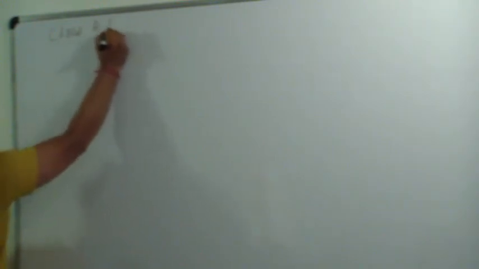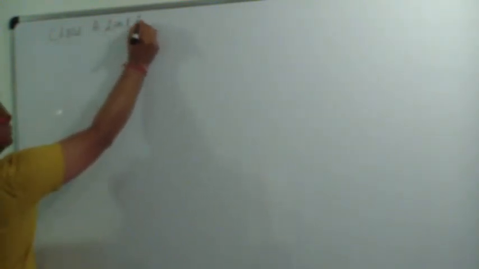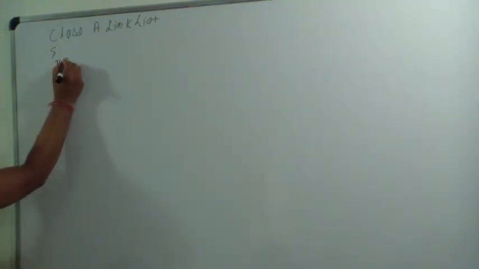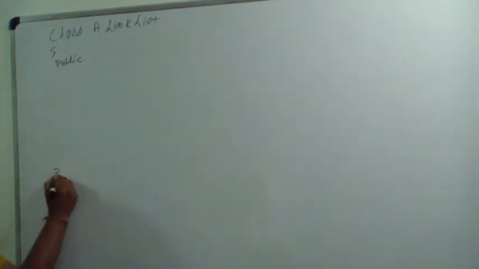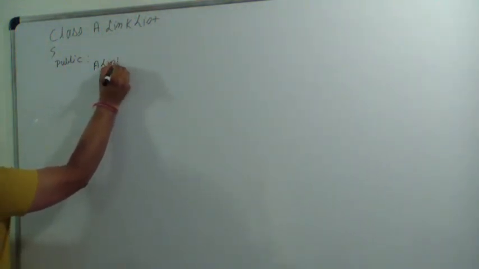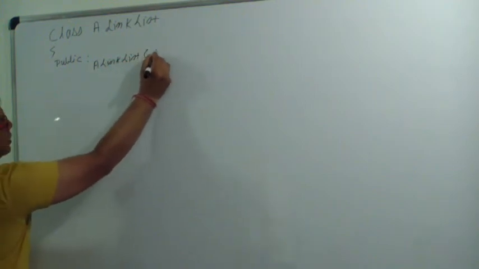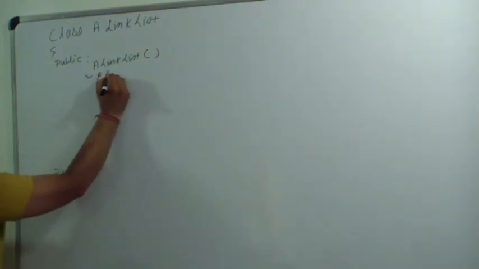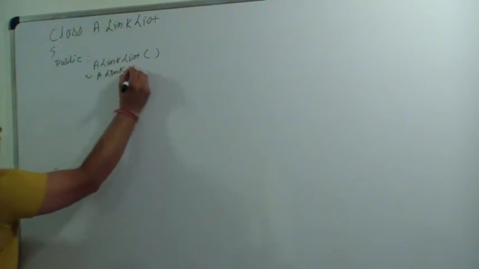I'll start writing the class now. In a class, you write class LinkedList, and you will have a public and a private section. The public section will have a constructor, LinkedList, and a destructor, tilde LinkedList.